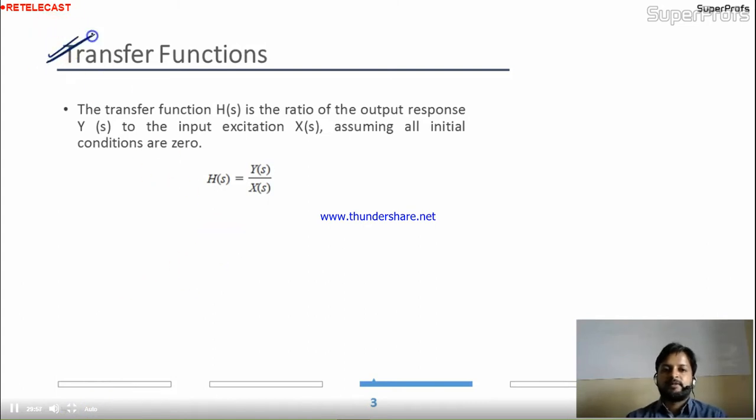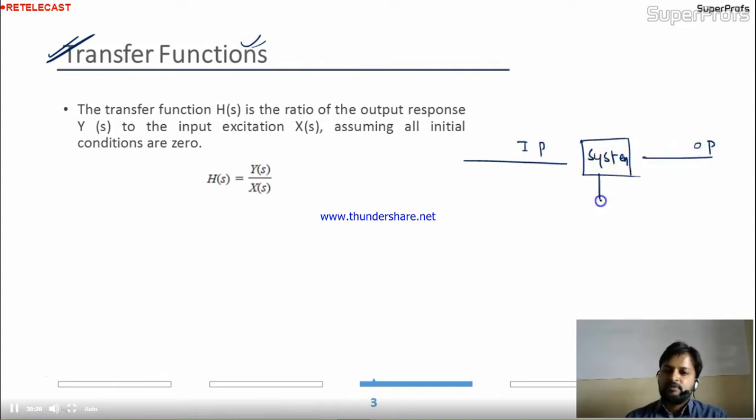Come to the transfer function. We are talking about the transfer function in control systems, right? The starting point of control systems is based on the transfer function. What is the transfer function? See friends, if you have a system, this is the system. Into this system you are providing some input and you are getting output. So the system is contributing TF into the input, meaning output is nothing but TF into input. But friends, it will be in the S domain.